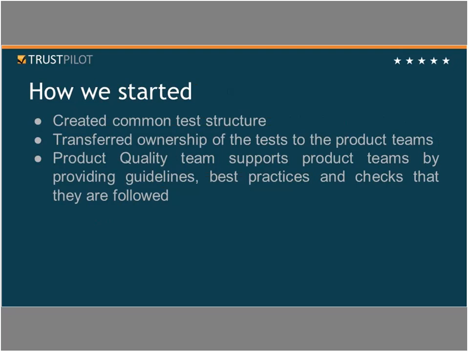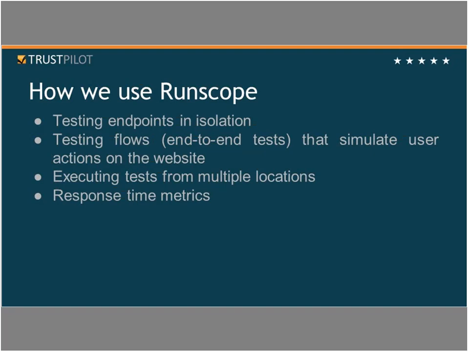So we created a common test structure that everybody knows and uses, and once the tests were stable enough, we transferred ownership to the product teams, meaning that each team owns not only the application but also the tests that execute upon this application. And we have a product quality team that supports by providing guidelines and best practices, and checking that they are followed by all teams. This is how we created a scalable solution using Runscope.